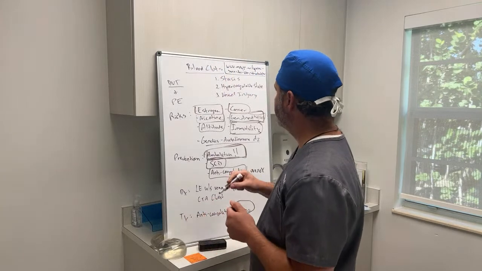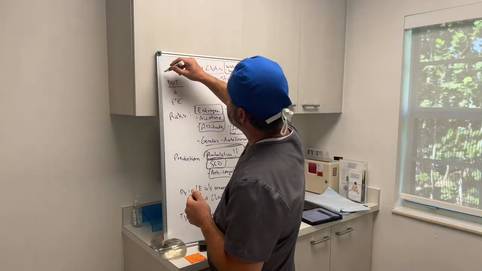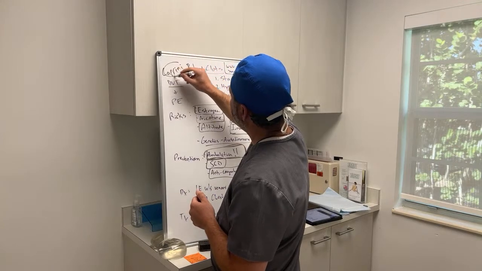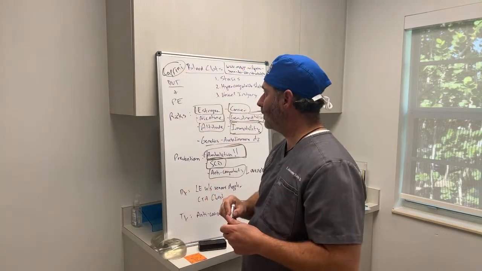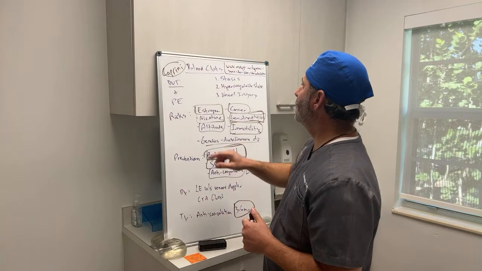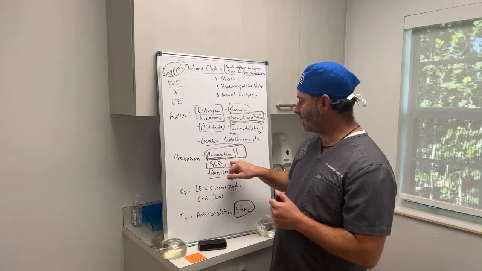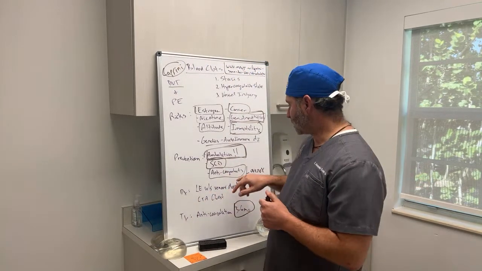This score, and I'll write it up here, is called the Caprini score. Based on this Caprini score, you decide whether A, you're okay with the SCDs, B, you need something stronger like anticoagulation, and C, if it's something elective like you do here at Pure, whether you just don't do the surgery at all.